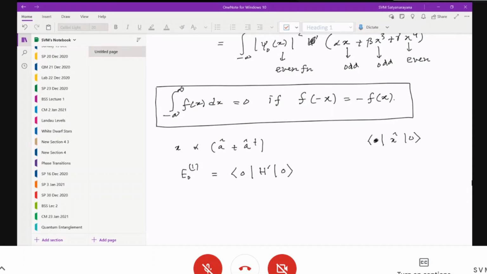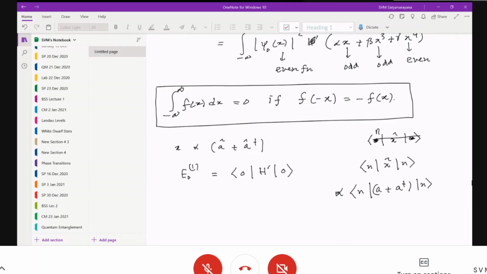Let me now generally write, suppose there is some x operator here, between n and n. It's not the ground state, but some nth excited state. Now this is proportional to n (a + a dagger) n.